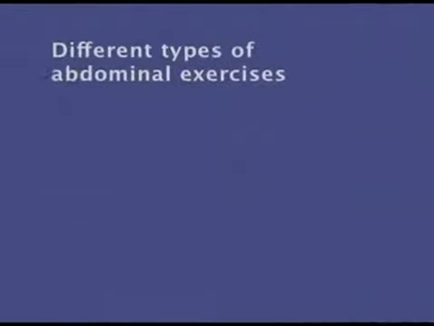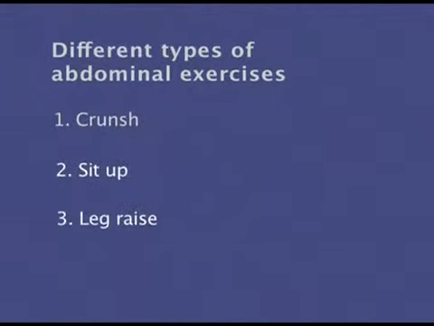A variety of exercises can be done to improve the tonicity and strength of the abdominal muscles. The different exercises include the crunches, the sit-ups and the leg raise, and these are the main exercises we are going to discuss in this session.